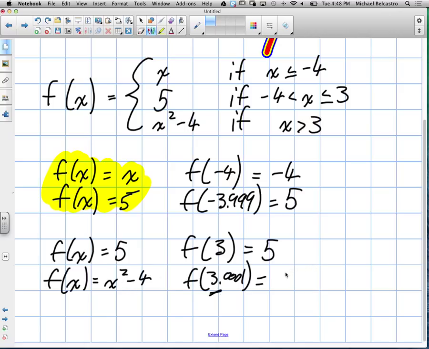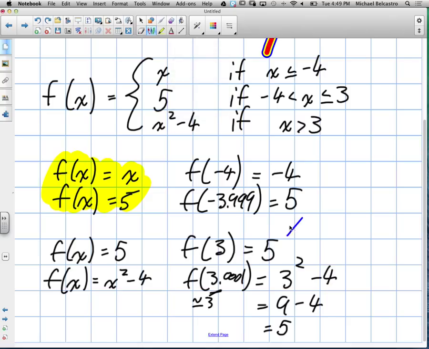So if we plugged in 3, or 3.0001, we're going to say approximately 3. So we plug 3 in there, we would get 3 squared minus 4. And that gives us 9 minus 4, which gives us a value of 5. So at this junction in the piecewise function, we would have continuity.